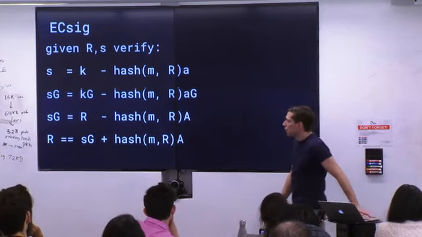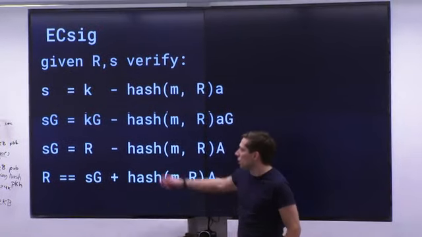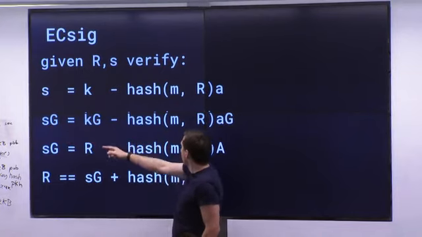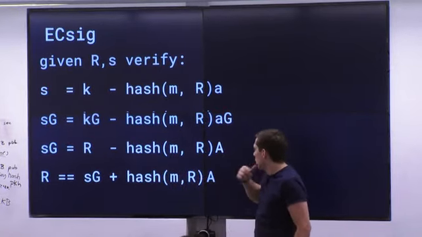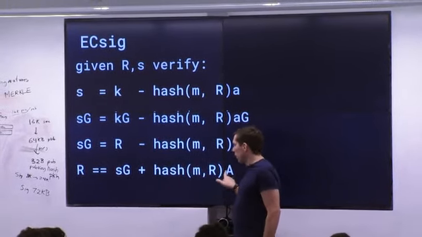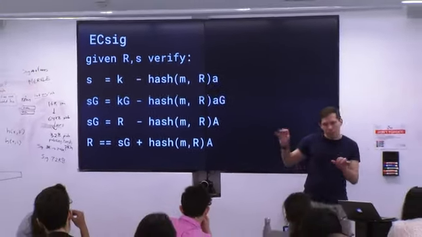So for the verification, it's a bit more CPU intense, right? You're given a scalar, you multiply by G. You also have to multiply A. This is actually more costly. You have to multiply A by this hash. The reason that's more costly, it's still a scalar times a point.